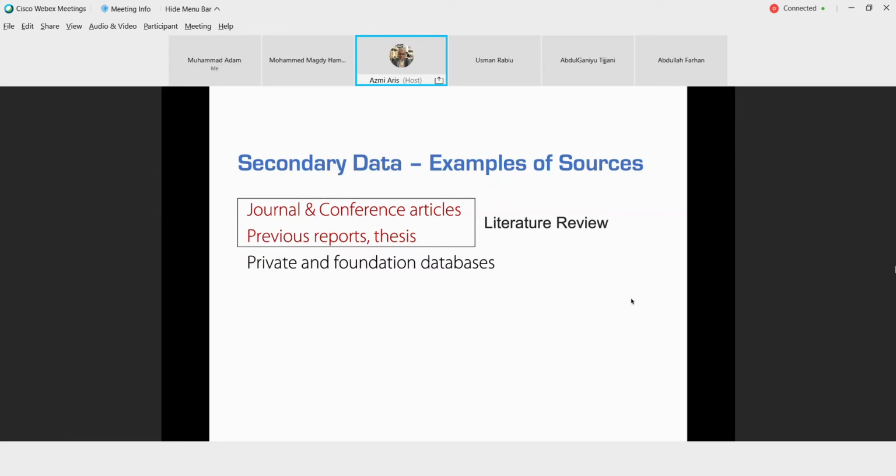Other than that, if your work heavily relies on secondary data, these are some sources: either from federal and state agencies, from companies, from foundation databases, or now we have global databases that can also be your source of secondary data.